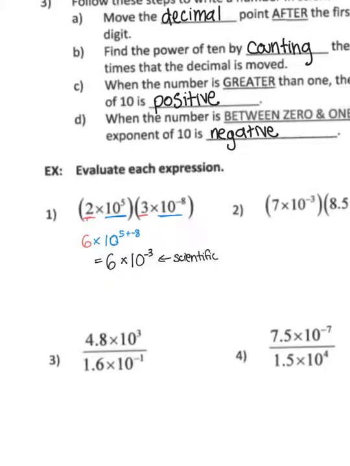If we were to write that number as a regular number, you're going to type that in your calculator, 6 times 10 to the negative 3. That would be 0.006. This is what we call standard notation.